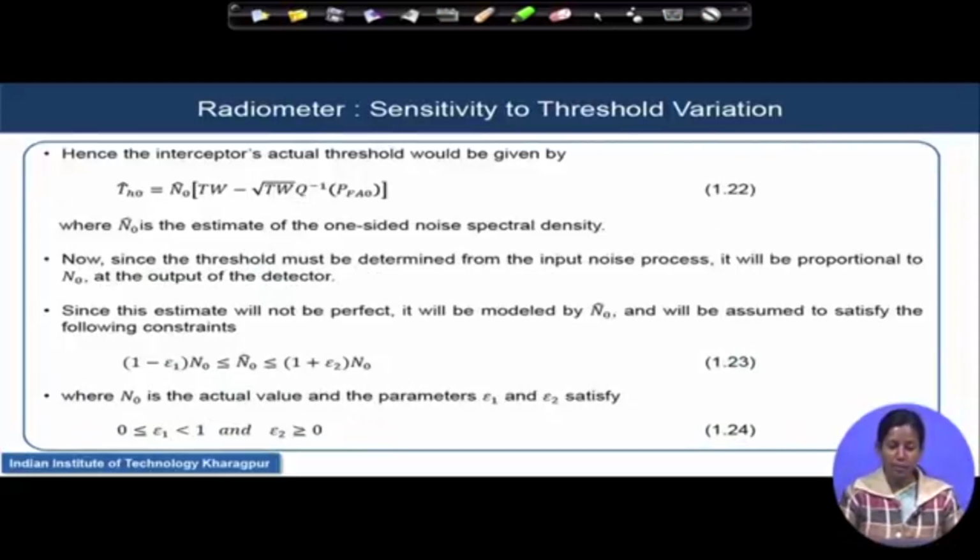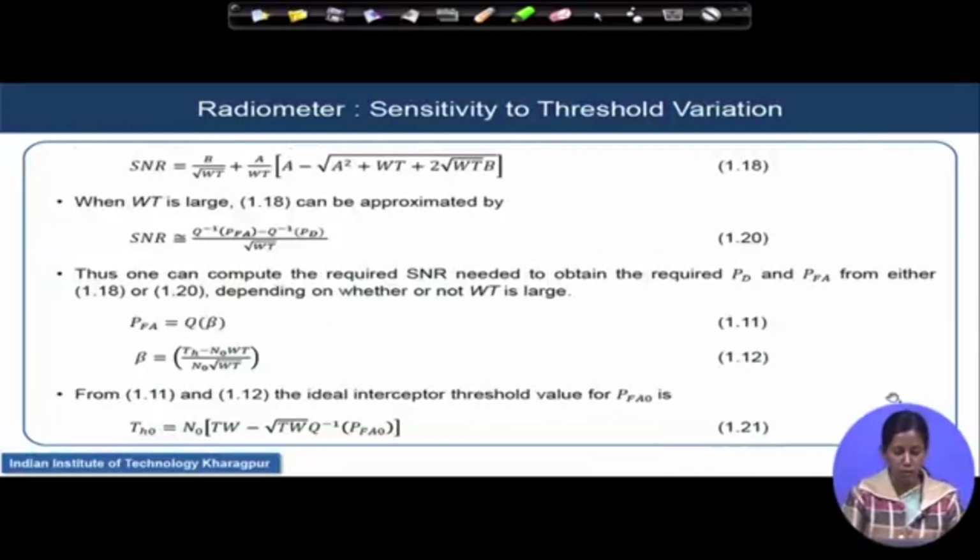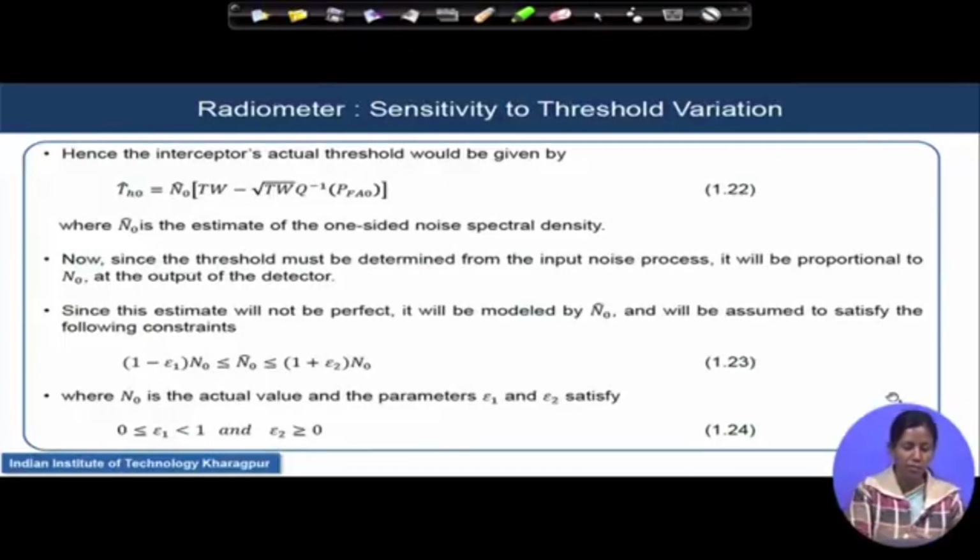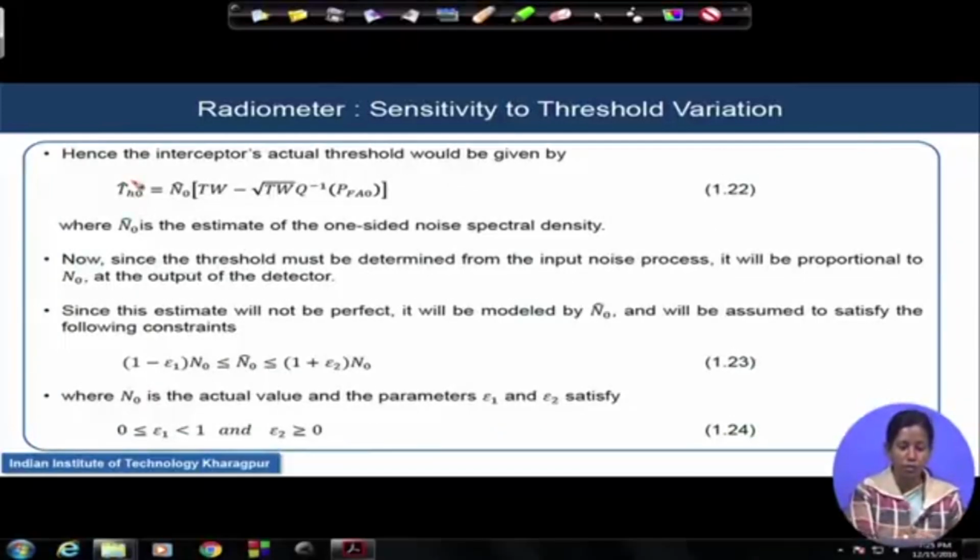Next, if we wish to see the interceptor's actual threshold, that will be an estimated value, following the previous equation for TH0. Similarly, the estimated value will be given by TH0 estimate, and N0 will also be an estimate, where N0 hat is the estimate of the one-sided noise power spectral density.